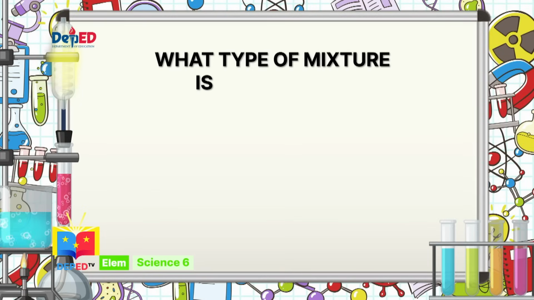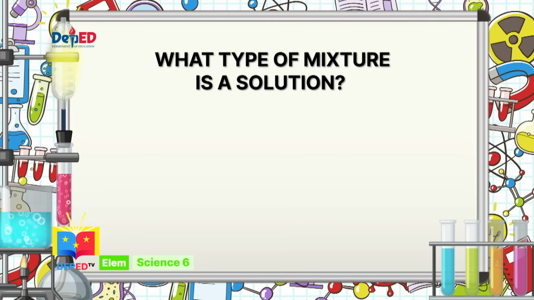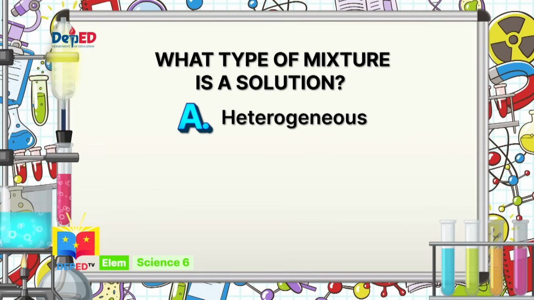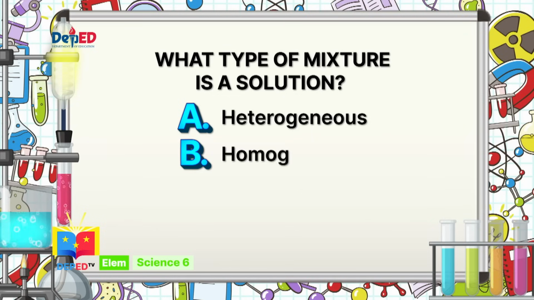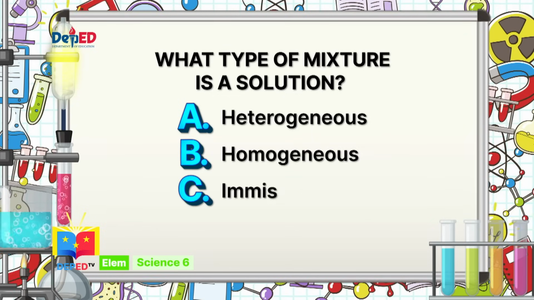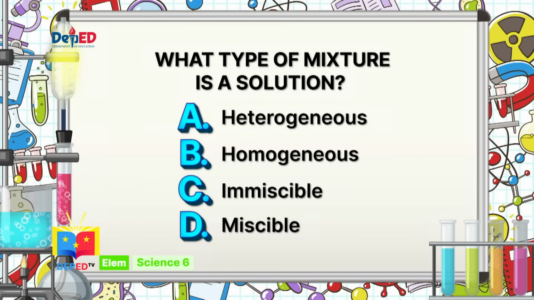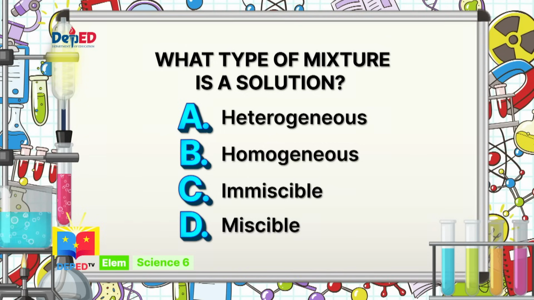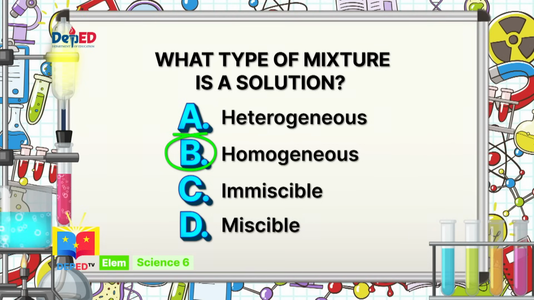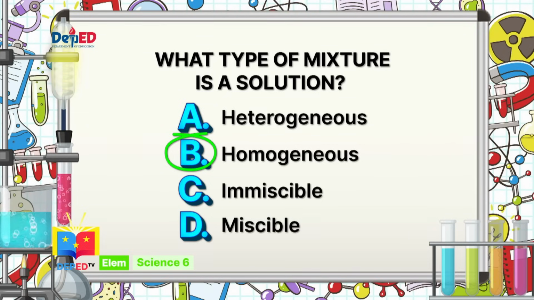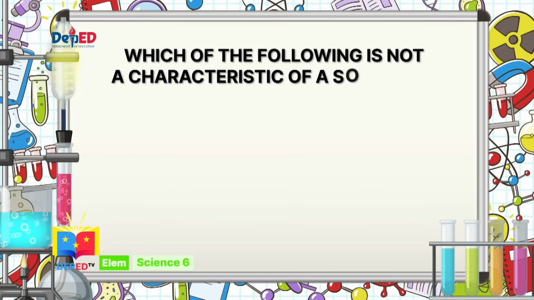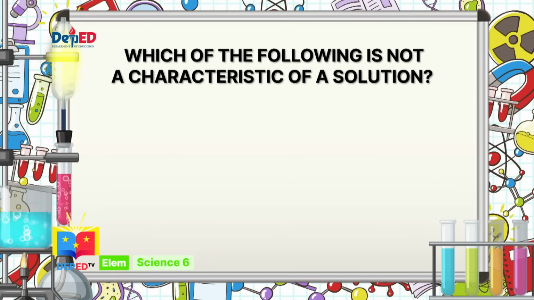Number 1. What type of mixture is a solution? A. Heterogeneous. B. Homogeneous. C. Immiscible. D. Miscible. The correct answer is B. Homogeneous. Number 2. Which of the following is not a characteristic of a solution?